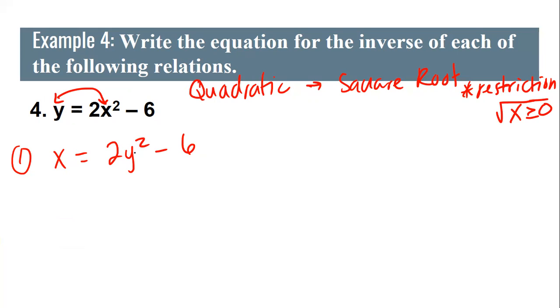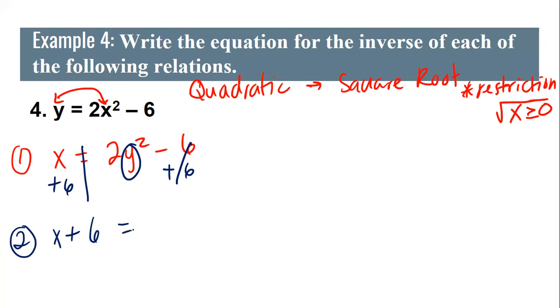What are the steps it's going to take for me to get y by itself? I can't do anything until I SAD method. Is there anything I can add or subtract away? I'm going to add 6. So I'm left with x plus 6 equals 2y squared.